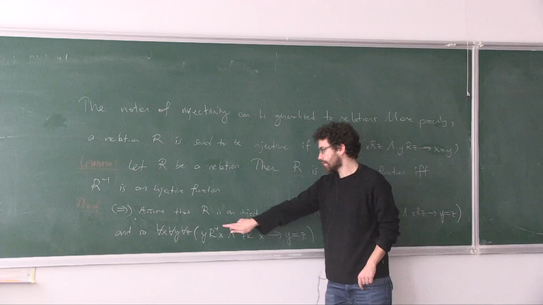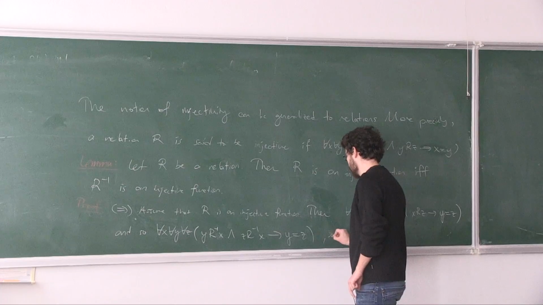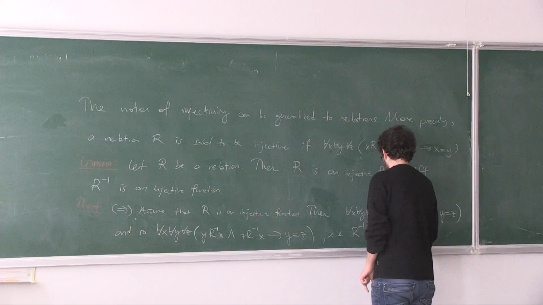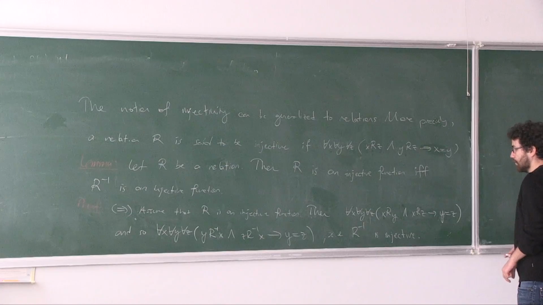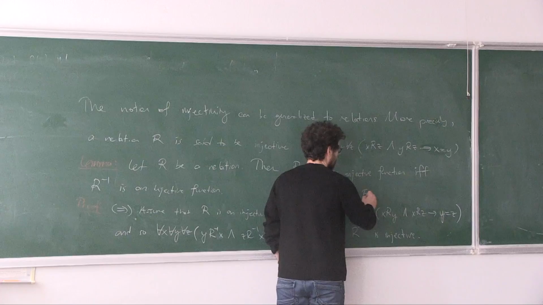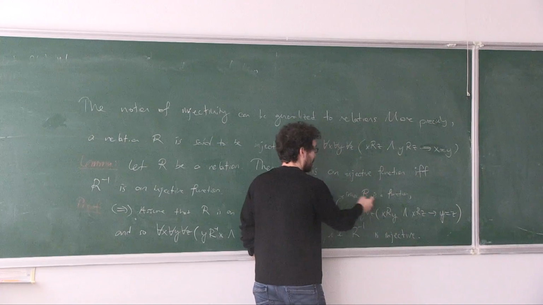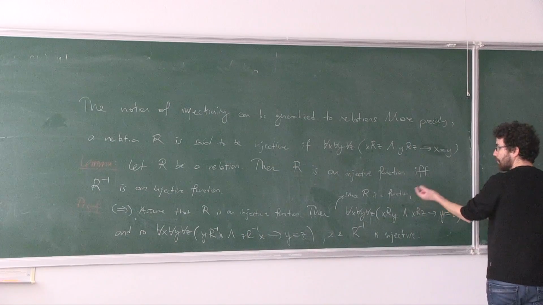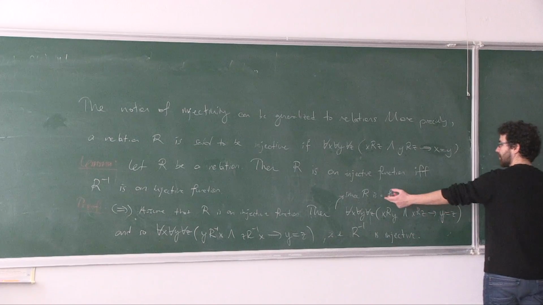This simply means that our inverse is injective as a relation. Okay? So maybe I should add this. Since R is a function, we have this claim, and this implies that our inverse is injective. Now, I just proved that this is an injective relation. I don't know that it's a function.